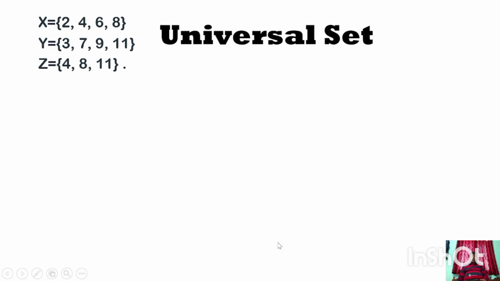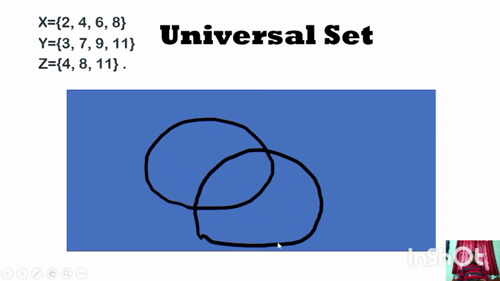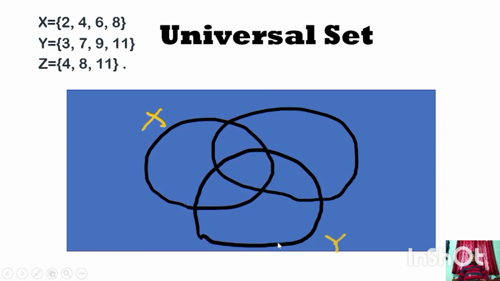Here is the universal set diagram. I am drawing a Venn diagram in a rectangular shape. See here, look at here. Here is the set X, here the set Y, here the set Z. Clearly see that X and Z are overlapping sets.